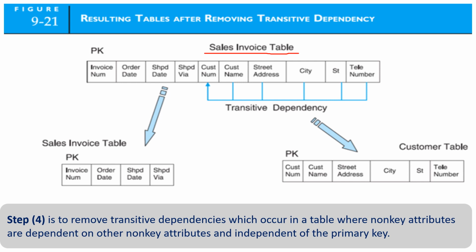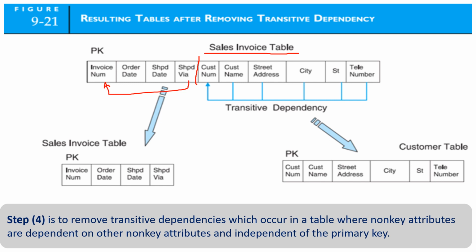We can see here that this information up to here depends on the invoice number, the primary key.